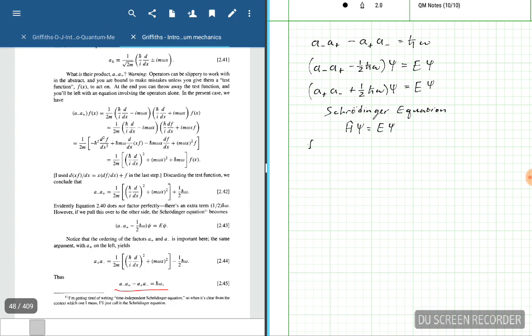So for a simple harmonic oscillator, commonly abbreviated as SHO, our Hamiltonian, so this is our total energy of the whole system, is going to be either our ladder operator a minus times a plus minus 1/2 h bar omega, or we could have it this way.